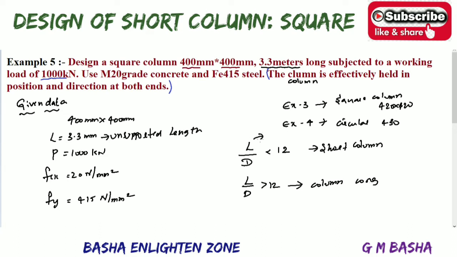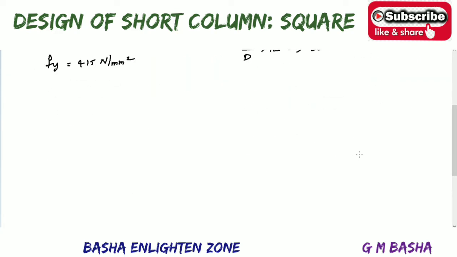While solving the problem, based on the condition, you have to find the ratio. The column is effectively held in position and restrained at both ends. You have to find the effective length based on the given condition, which is K into L. Here L is the unsupported length and K is the constant for that particular condition. And what about the conditions here?